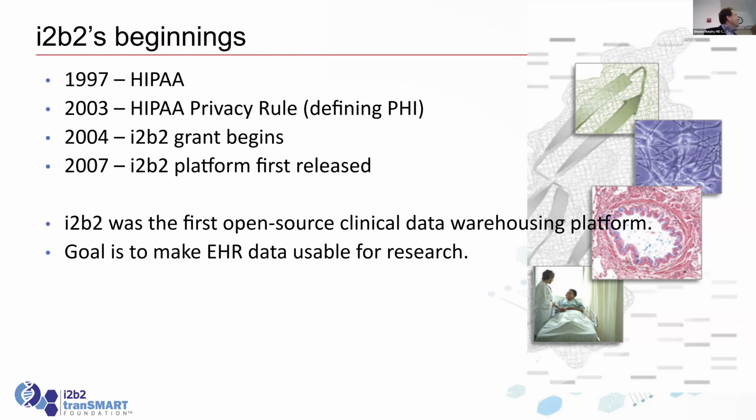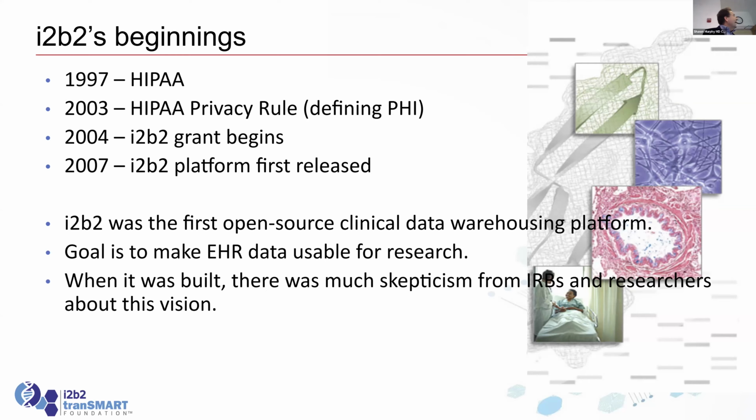Goal, of course, is to make electronic medical record data available and usable for research. And I have to say, when we first were putting it together, it had a real love-hate relationship in NIH and in IRBs across the country, because it wasn't clear if it was really going to be successful in managing that fine line between allowing people to see data for research on patients, but also protecting their privacy.